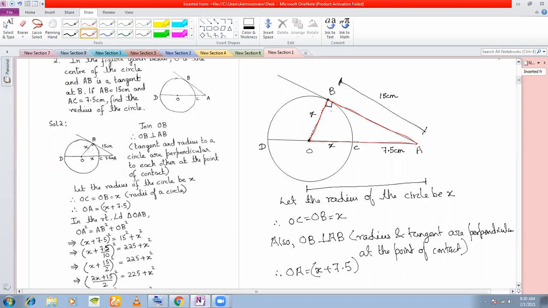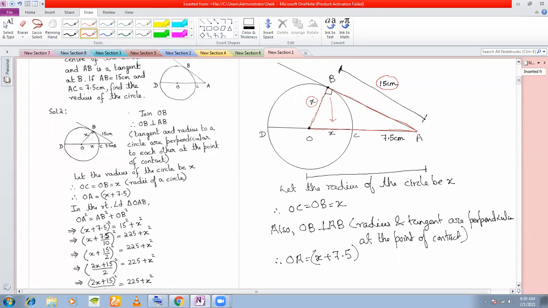Which one is the hypotenuse? Opposite to the 90-degree angle must be my hypotenuse. So OA is my hypotenuse. The other two you can take as your perpendicular and base. So if I take this as my base, it is x. And this is my perpendicular, 15 centimeters. So I can apply the Pythagoras theorem.